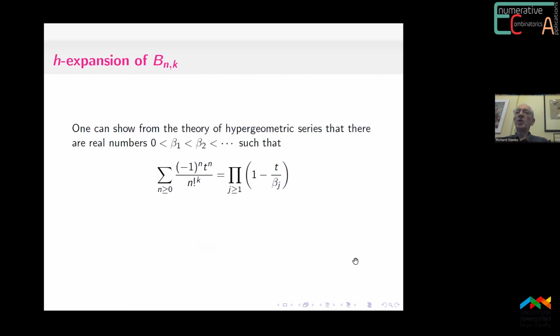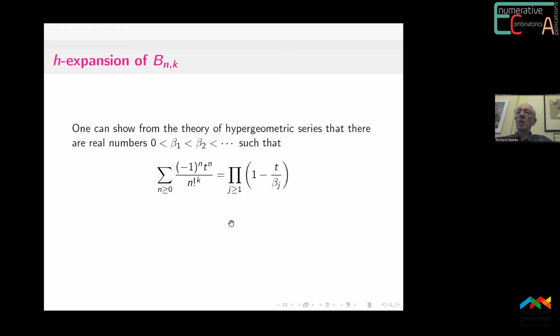For the h expansion, we have to use some complex analysis, but once again, using the theory of hypergeometric series, we can get that this generating function, the sum of (-1)^n t^n over n factorial to the k, has this nice product expansion.